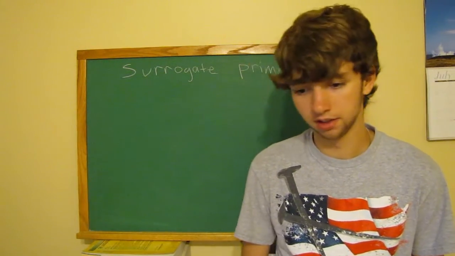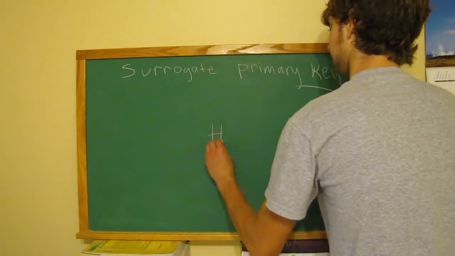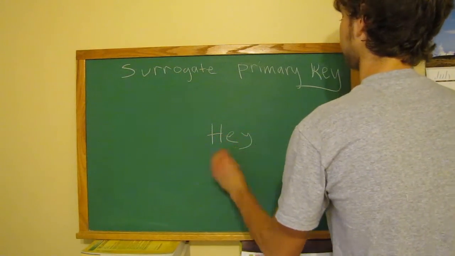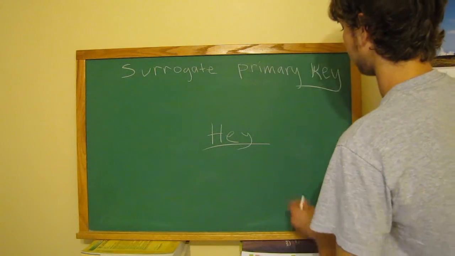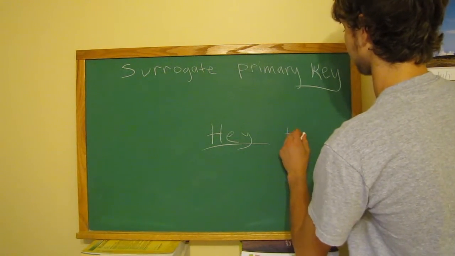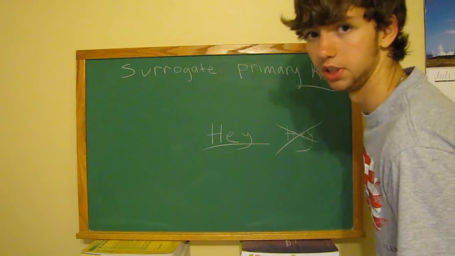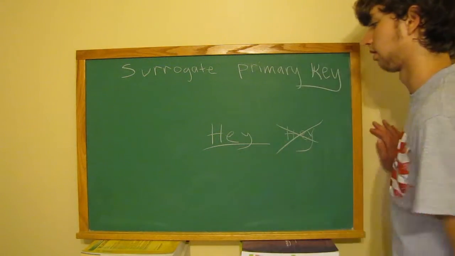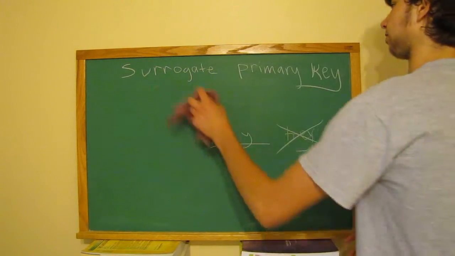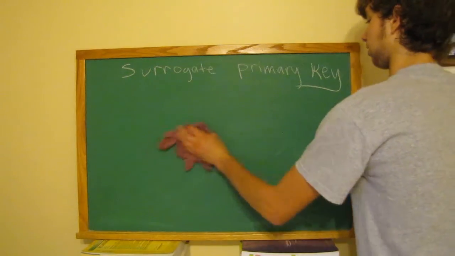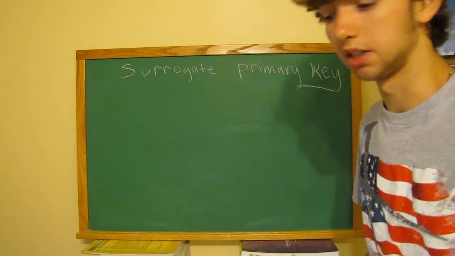So let's say your comment is "hey," and that is used as the primary key. Well, then that means nobody else can have a message that says "hey." It's just not allowed, because then it wouldn't be unique. You'd have two of the same. So that's kind of confusing. So what you need is a surrogate primary key. A surrogate primary key is just a primary key that you make up.